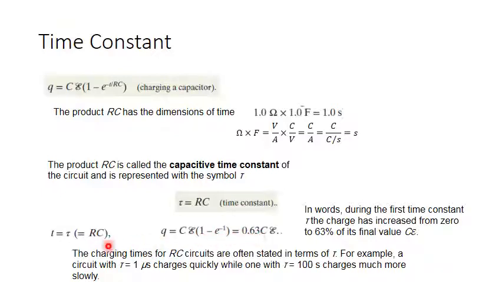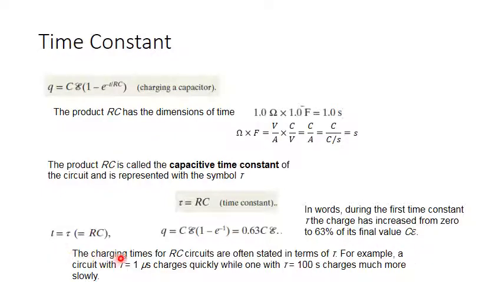So at just one time constant tau, the charge will be built up from 0 to 0.63 of its final value. In other words, during the first time constant tau, the charge has increased from 0 to around 63% of its final value, which is C multiplied by E.